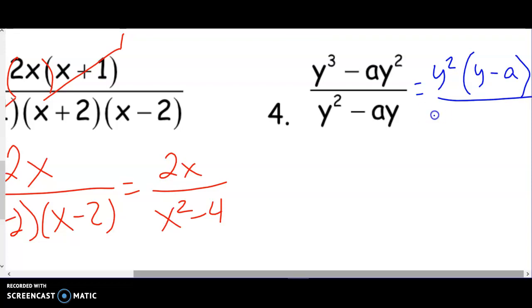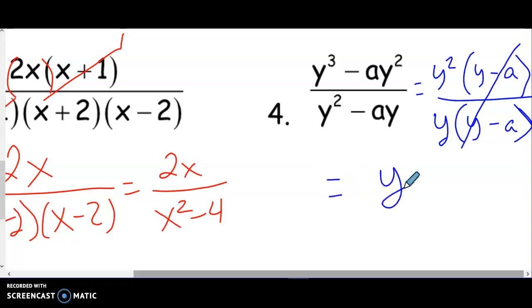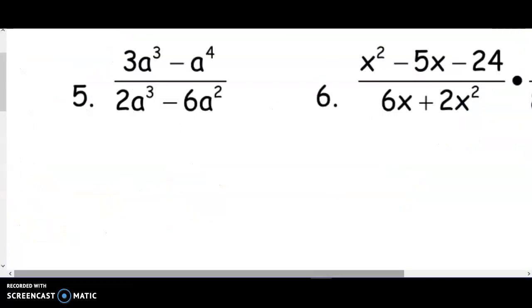My denominator, I'm going to factor out a y, leaving y minus a as well. And we're just about done. Y minus a cancels. Y squared over y, one of the y's will cancel, resulting in just a y in your numerator, y over 1, or just y. So number 4 is completed.